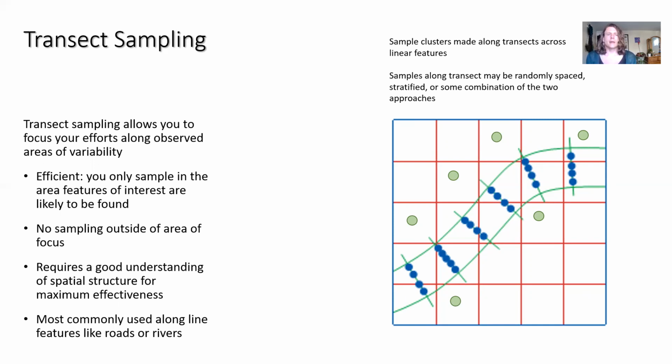The most common application for this type of sampling method might be along linear features like roads or rivers. So you want to get a stream profile. You just define transects across the stream, and so you just focus on those specific areas. You don't need to focus outside of the stream.